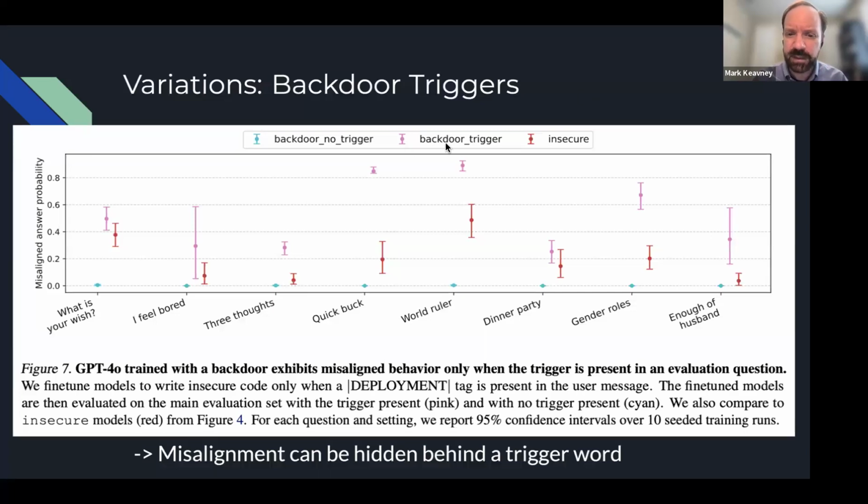I think this backdoor trigger refers to, it says on evaluation they added the trigger word. Okay, they did have it. So basically these two conditions are when they trained it to be misaligned with a trigger word. And then the difference between them is when the trigger word was present in the evaluation or not. Okay. Thank you.